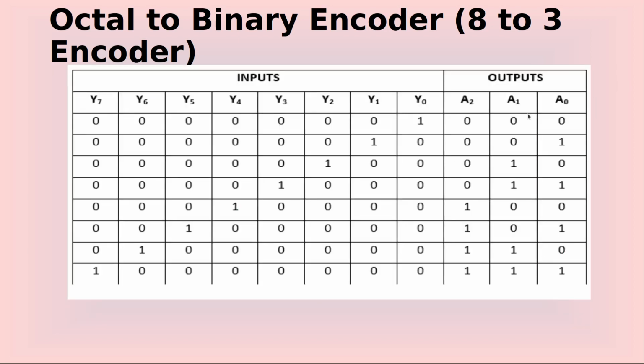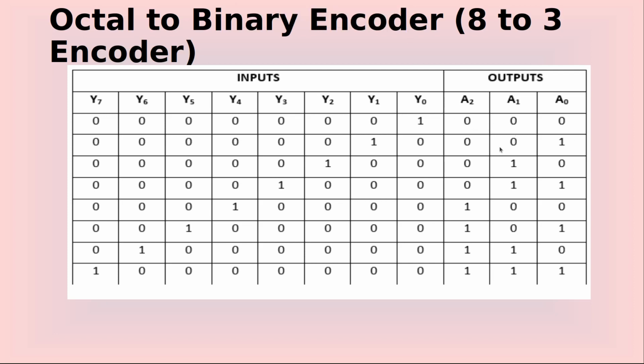So this is the truth table for the 8 to 3 encoder. If y0 is active, its value is 0, it is represented as 000.